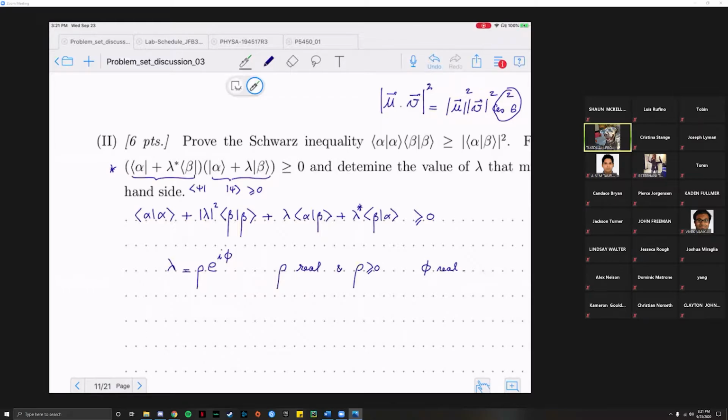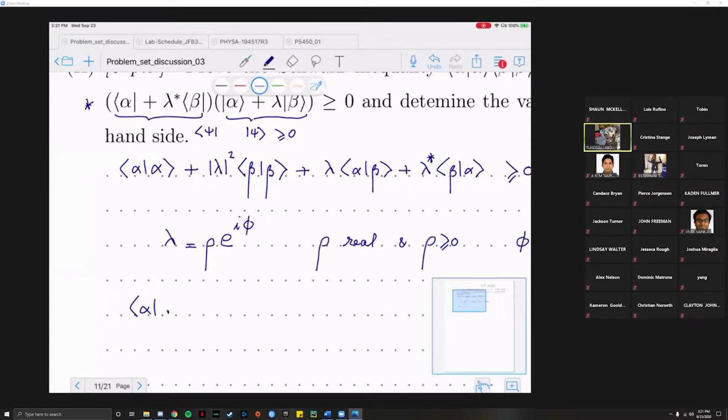So I need to take a pen. I need to remove my glasses. So I have alpha plus magnitude of lambda squared. What is that going to be? Rho squared. Just rho squared.